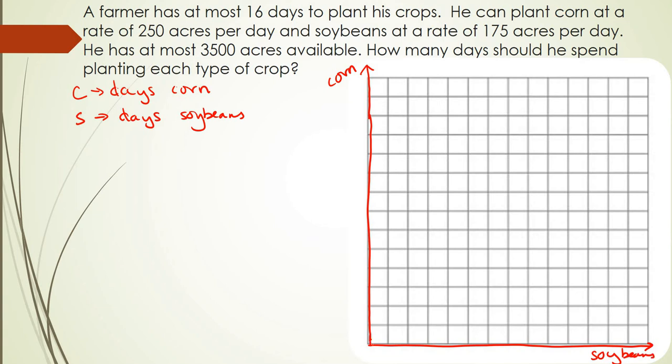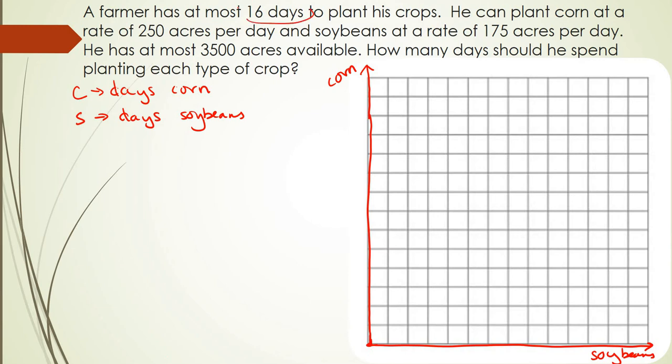Now, do you know why I didn't put my axes in the middle of the grid? Since I'm talking about a real-world problem and the amount of corn can only be positive, the amount of soybeans can only be positive, I only need the first quadrant.